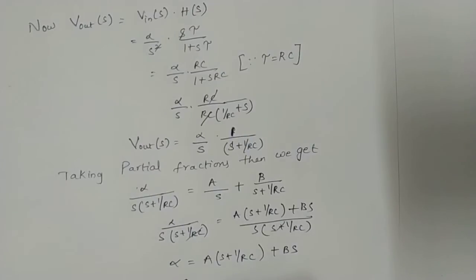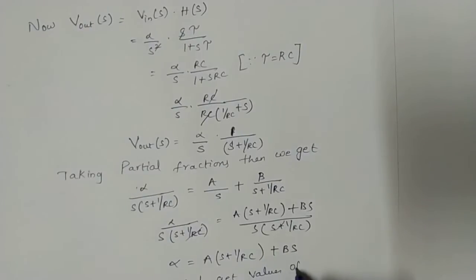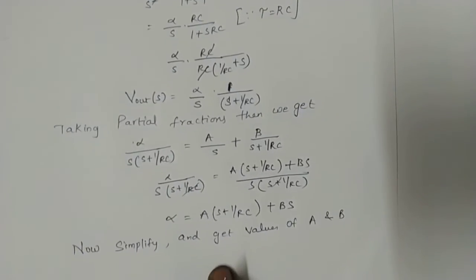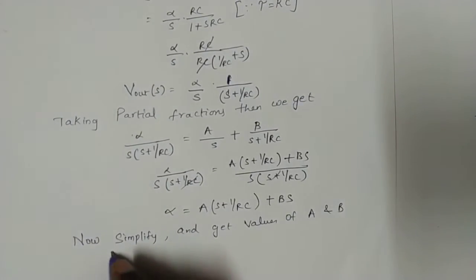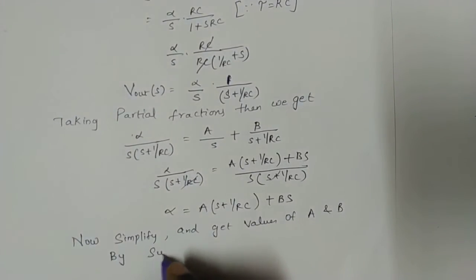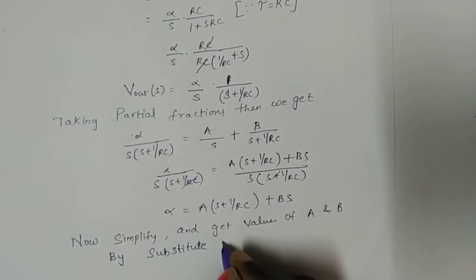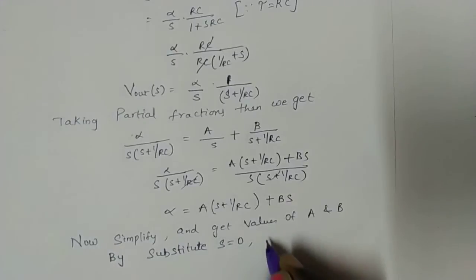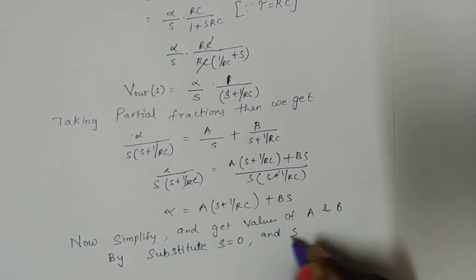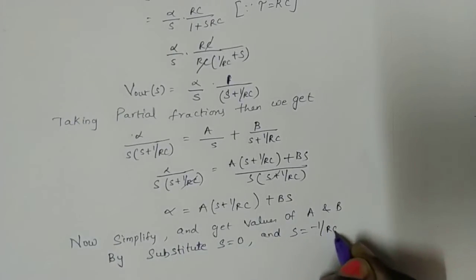Now simplify and get the values of A and B by substituting S equal to 0 and S equal to minus 1 by RC.